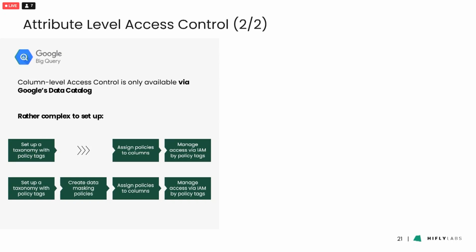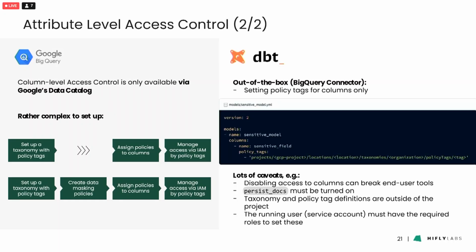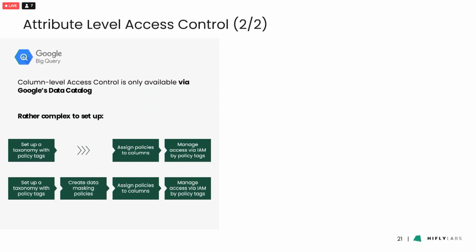It's really difficult to set it up in BigQuery. It's technically possible, but it's really difficult. It takes a lot of steps. Sorry. You have to set up a taxonomy of policy tags and basically assign these policies to columns. And if you want to mask it, you even have to define what masking policy you want to use, and so on.